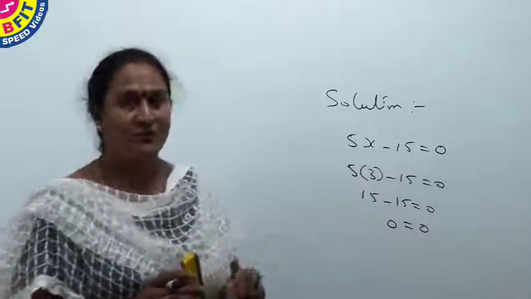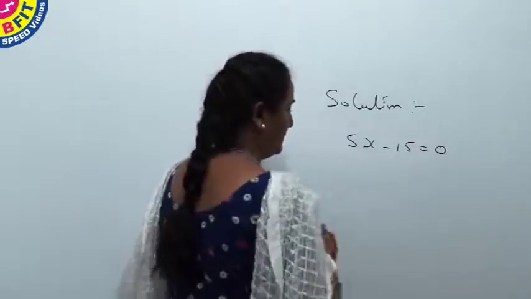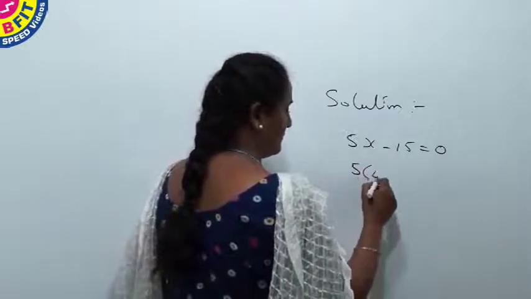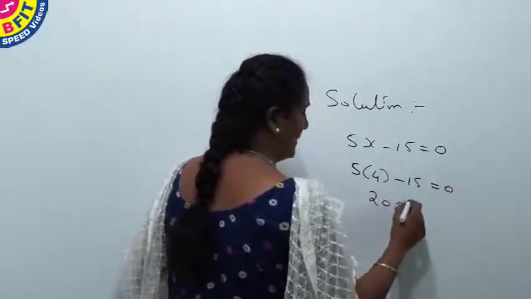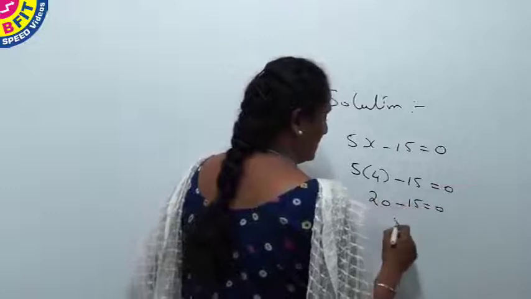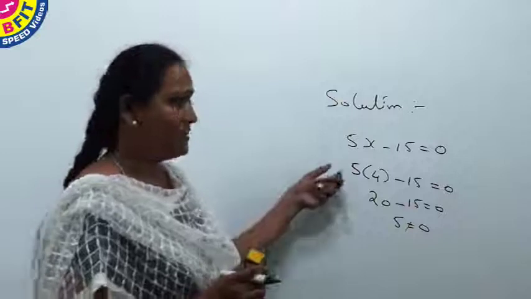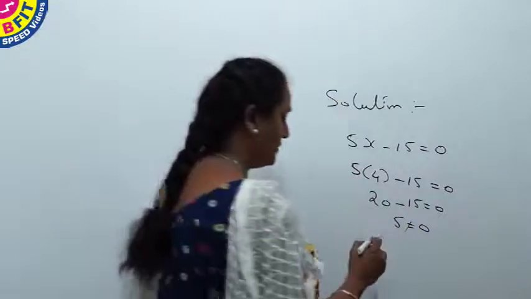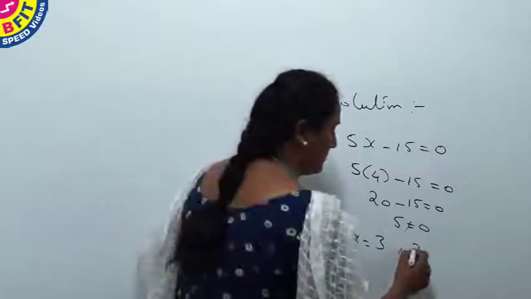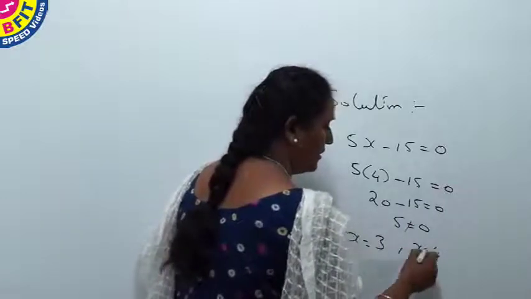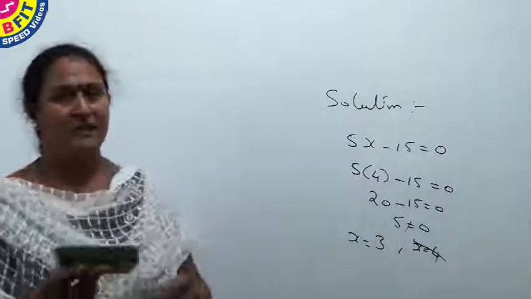Suppose I substitute 4 for x, it is 20 minus 15, or we get 5 equal to 0, which is not equal, so the equation is not satisfied. So x equal to 3, which satisfies, is the solution, and x equal to 4 is not a solution. And we will be seeing some miscellaneous questions also.